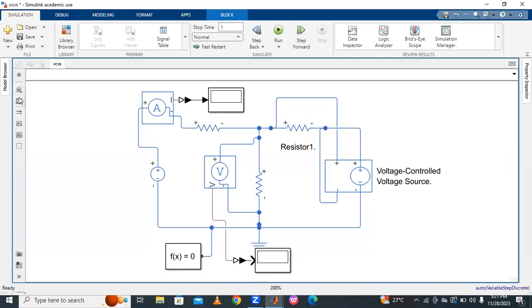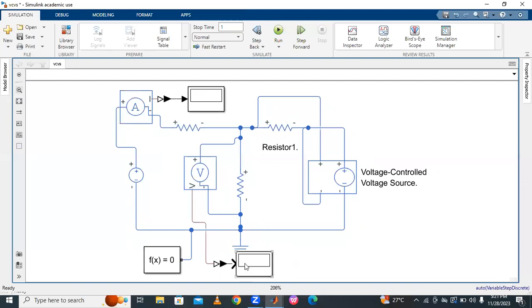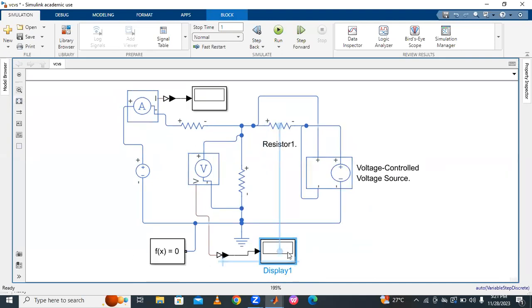So the Simulink circuit connection is over. This is called the circuit. The voltage sensor and current sensor measure the current and the voltage, and then simulate and the current and voltage are displayed after simulating.